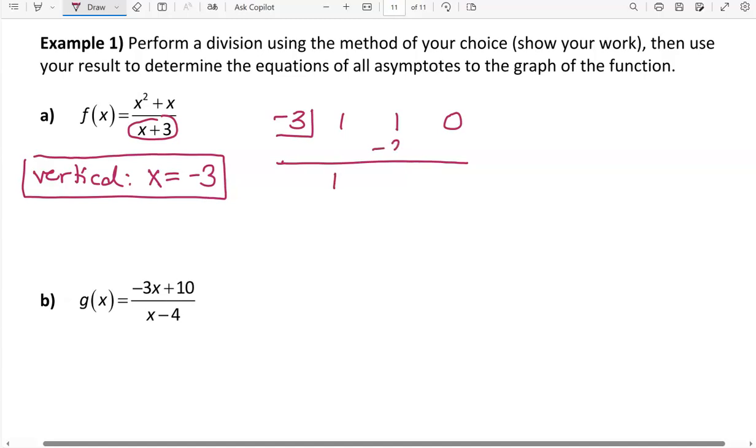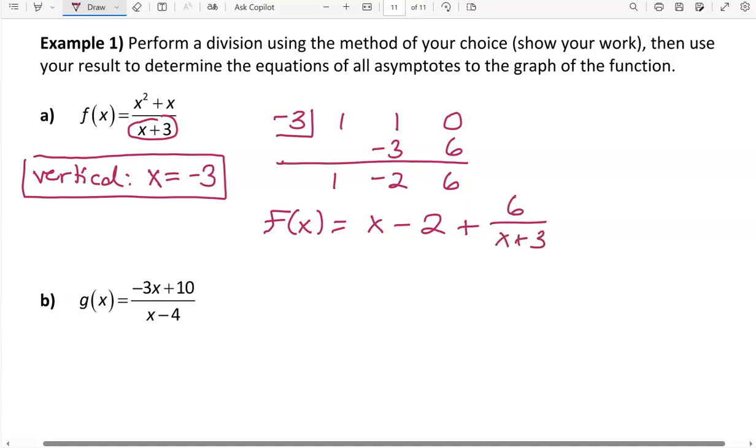1 times -3 is -3, add that column. -2 times -3 is +6, add that column. And so this gives us a way to express f of x after dividing, and that re-expression is x minus 2 plus the remainder 6 divided by the original divisor.